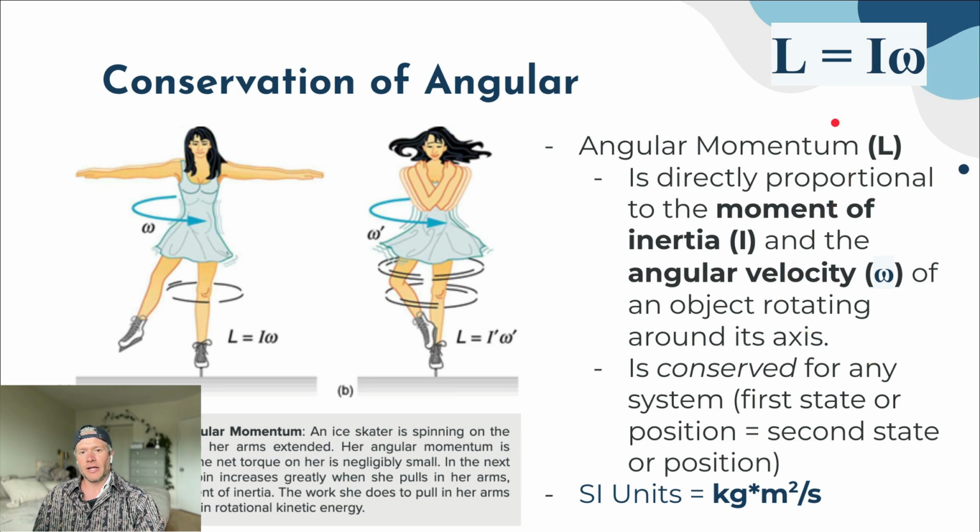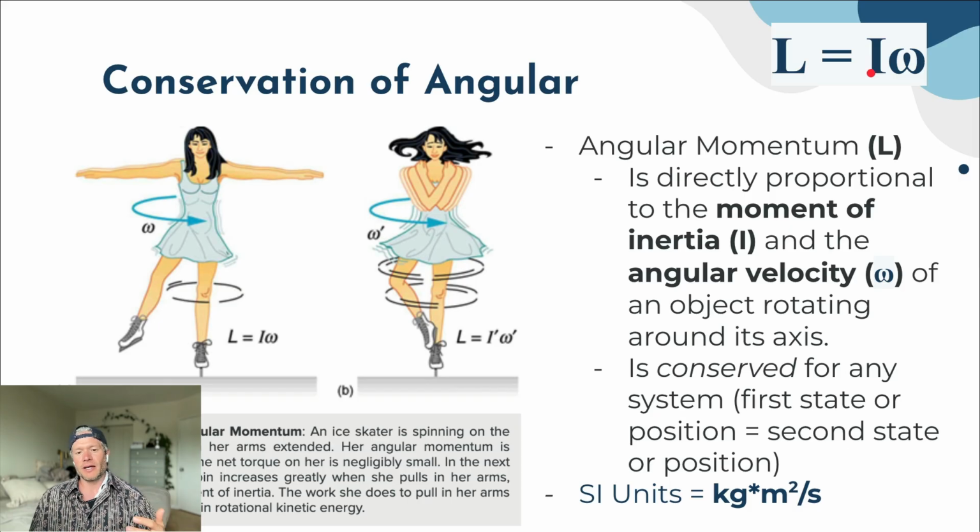Okay, so we're talking about angular momentum. Here's our moment of inertia, multiplied by the angular velocity that an object is traveling at, and that equals our angular momentum. Looking at the SI units of each of these, if you recall, our moment of inertia was kilograms times meters squared, right?